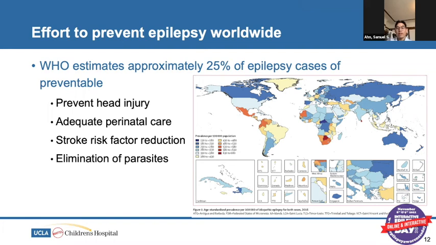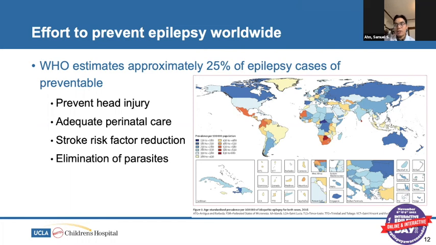The World Health Organization estimates that approximately 25% of cases worldwide are preventable. And these can even be simple things like preventing head injury, providing adequate perinatal care to prevent birth injury. In adults and elderly patients, stroke risk factor reduction and cardiovascular risk factor reduction are important factors in preventing not only strokes, but also epilepsy.